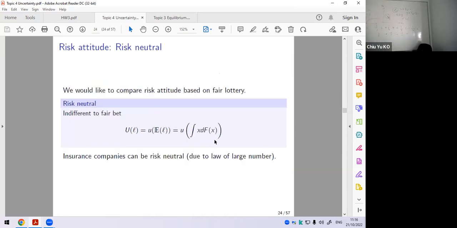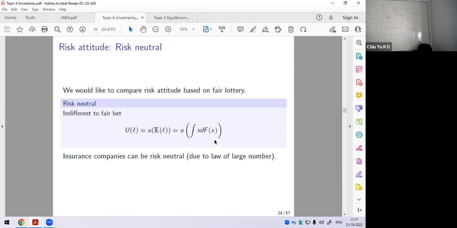Now, if you are risk neutral, it means that your expected utility is the same as the utility of the expected value. So you don't really care about the utility itself. If I just pay you the expected value of the lottery, you're the same. You simplify the whole lottery by its expected value.